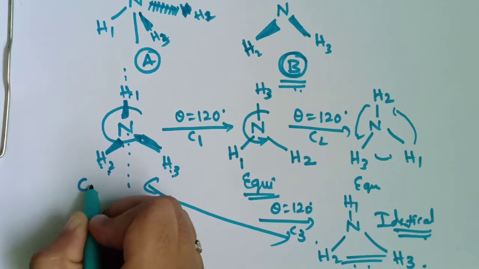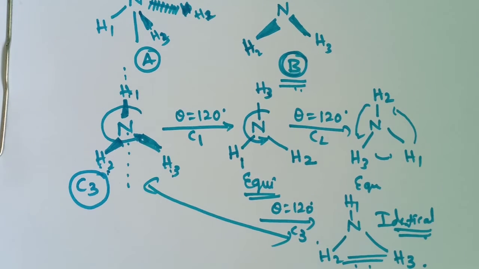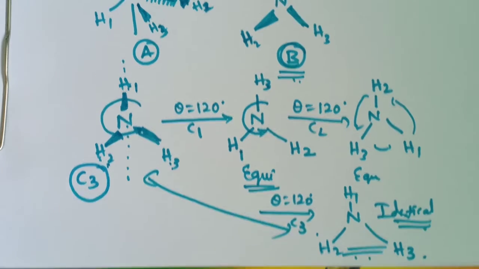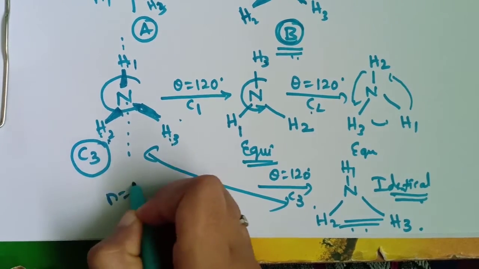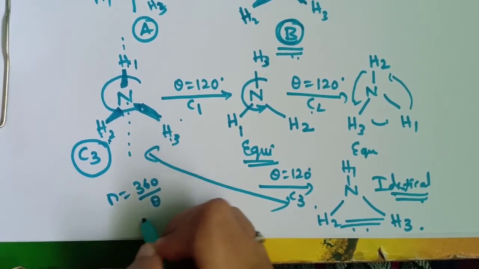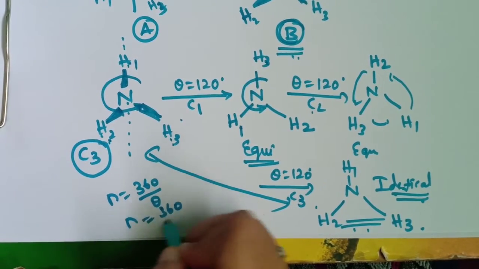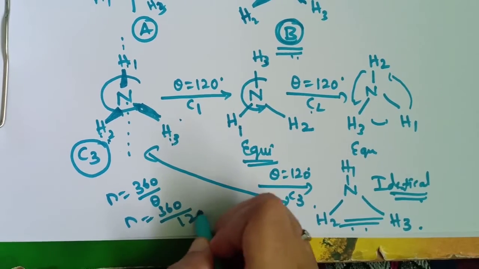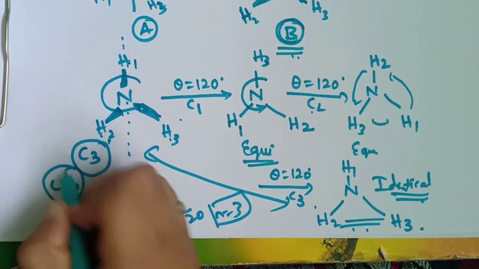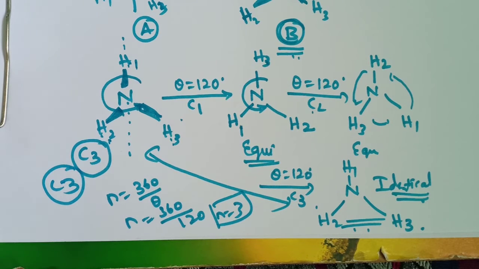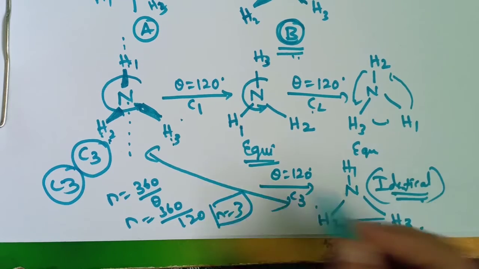So it is a C3 axis. The axis of the molecule is C3: C1, C2, C3. See, n is equal to 360 by theta. Here n is equal to 360 by how much? 120. We will get n equal to 3. It is a C3 axis of symmetry. If we perform C3 operations, we will obtain an identical configuration that is equivalent to the first one.